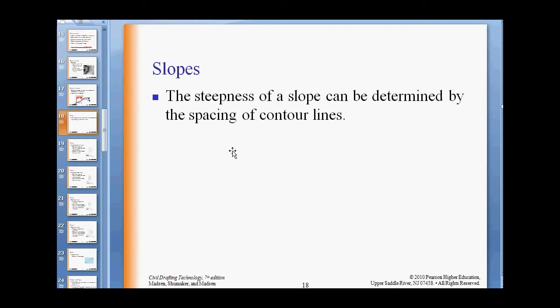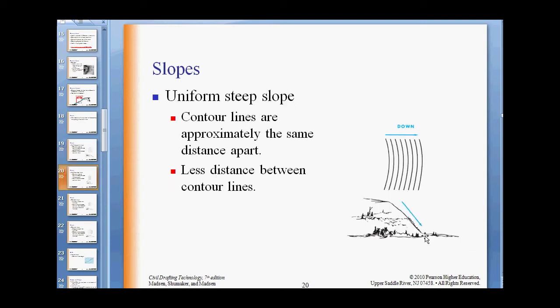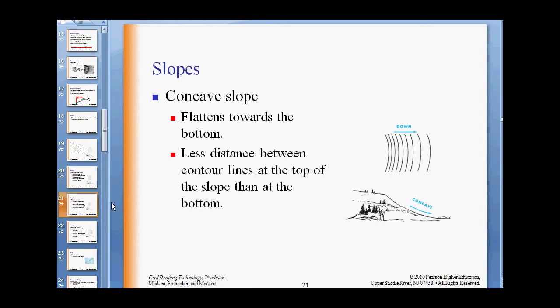And we talked about how the steepness of the slope is determined by the spacing of the contours. Here's a gentle set of contours. It looks relatively even, and you can see how that's described here in the profile. If it's a steeper hill, you can see that the contours are much more dense.